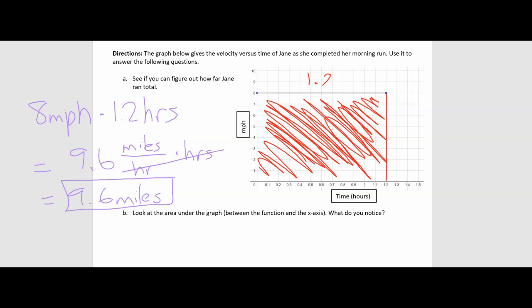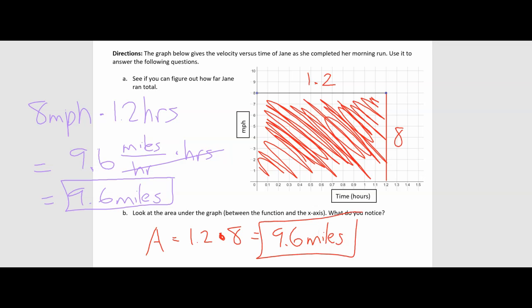Our length is 1.2. Our height is 8, which means our area is, again, 9.6. And if we look at units, it would be miles if we looked at the units of the length and the height like we did for part A.